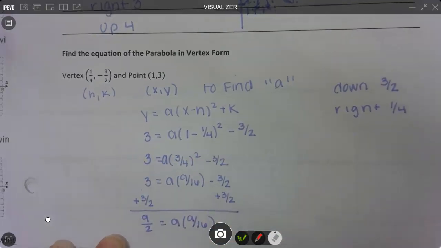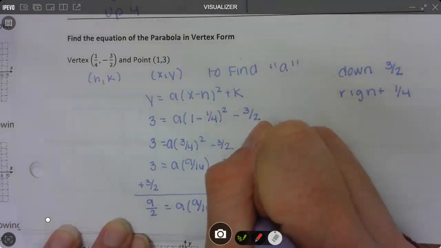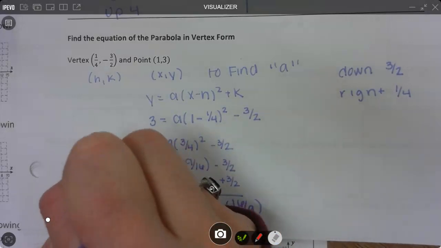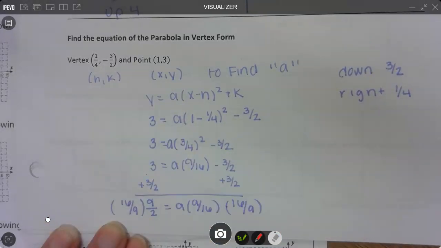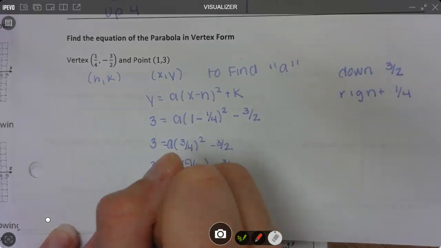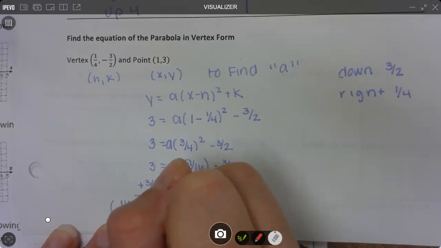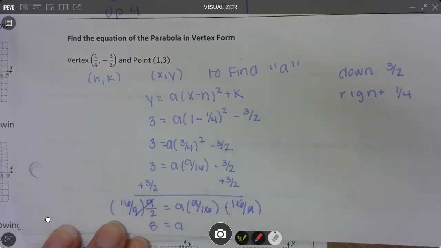To get rid of the fraction, we can multiply by its reciprocal. What that's going to do is cancel the 16 and 9 on the right, and cancel the 9s on the left. We end up with 16 divided by 2, which is 8.